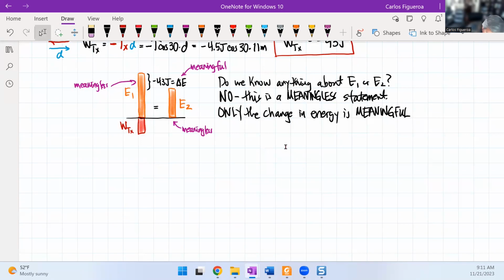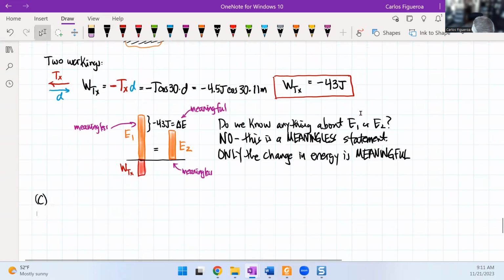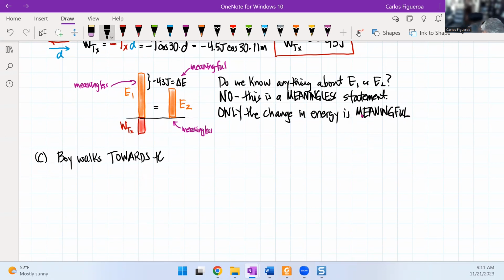Now, if I look at part C here, what happens now is that the boy, instead of walking away, is walking towards the kite. So in essence, the wind is now moving in the same way as the boy. So when I'm looking at this, I have a picture that's going to look something like this here.